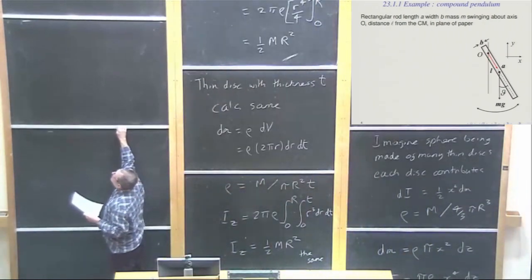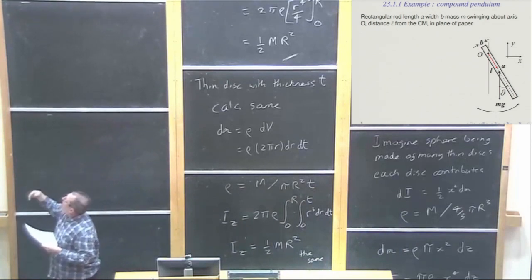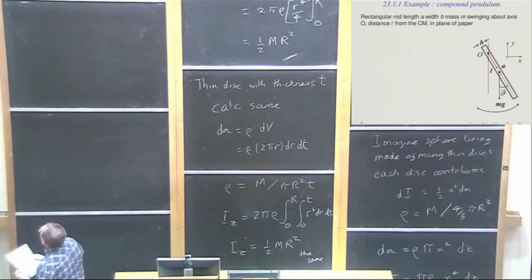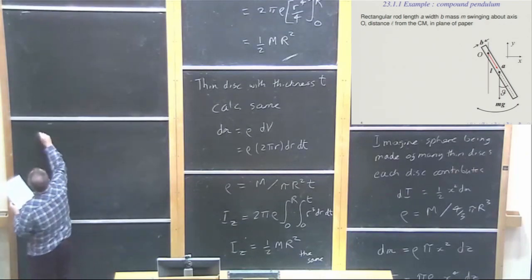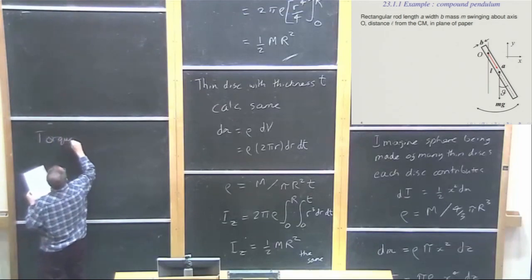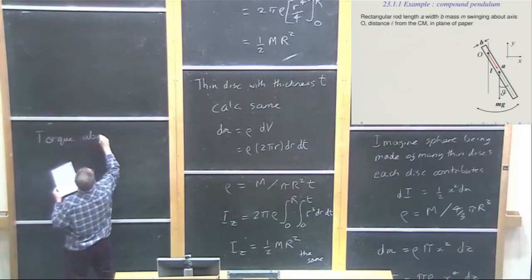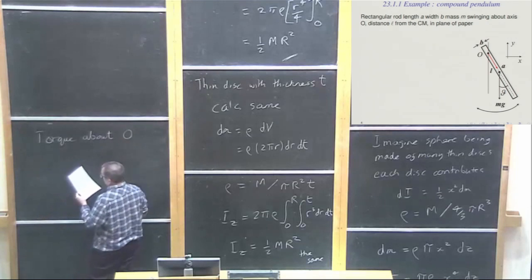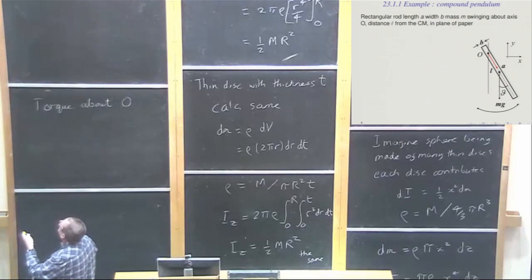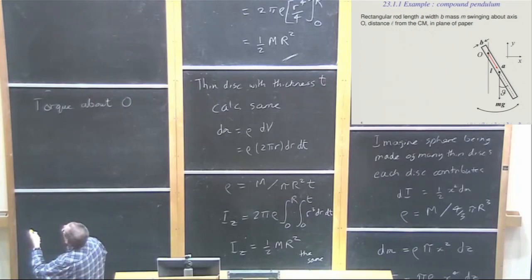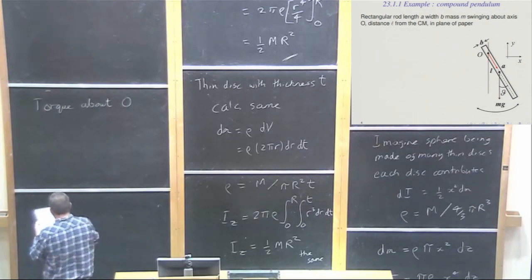Okay, so we want to write down a rotational equation of motion, so we're going to need a torque. So the torque about O, what's the torque being driven by? The torque's being driven by gravity, so gravity acts through the centre of mass. So what's involved is this distance and this force and an angle theta between them.